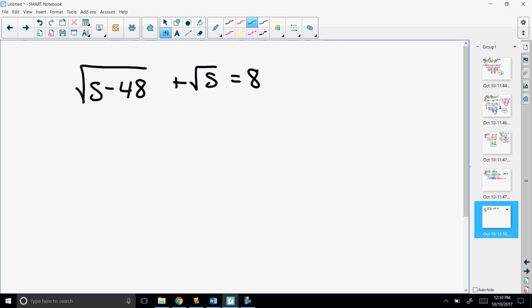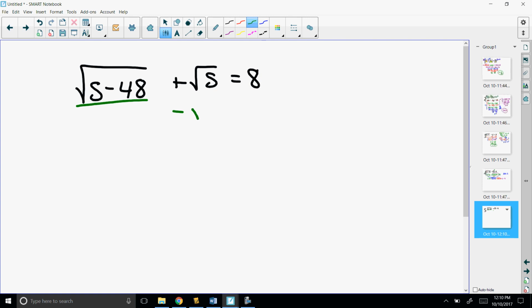In the last example where we only had that cube root, we isolated the cube root. Let's isolate the more complicated radical, which would be which one? That's not as complicated as the square root of s minus 48. So I want to isolate this first radical.